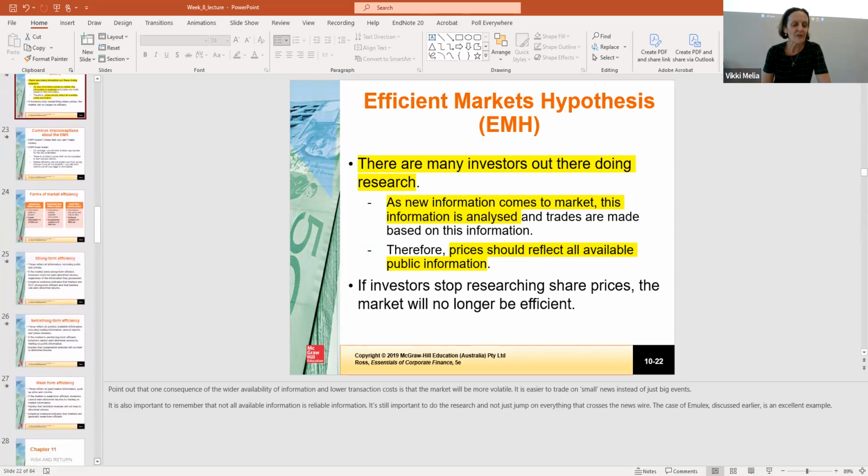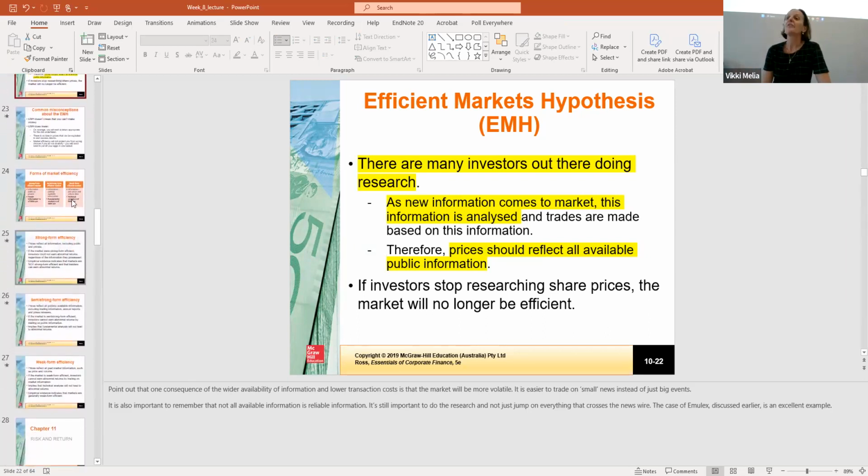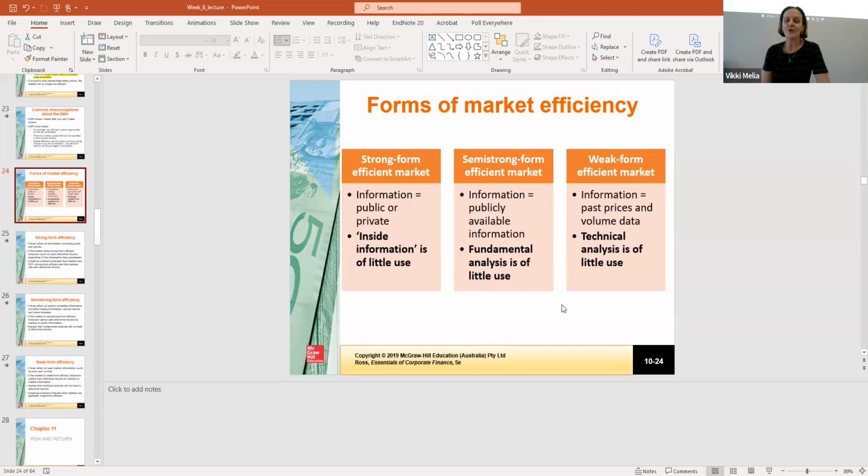In terms of efficiency, there are three forms of market efficiency, which are summarized on this PowerPoint here. The first one is called strong form efficient markets. The second one is called semi-strong form efficient markets.